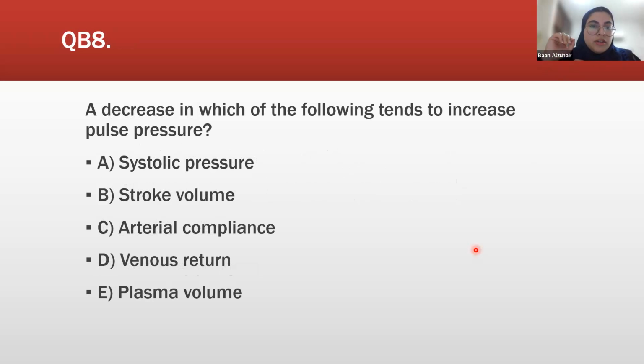And these are imaginary numbers. The more volume in the artery, the higher the pressure is going to be there. So a decrease in arterial compliance or vasodilation will increase pulse pressure. Is that understood by everyone?